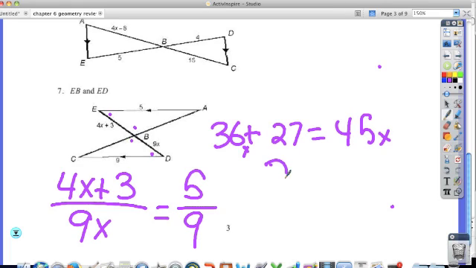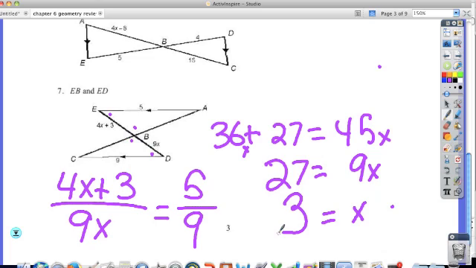So 27 equals 9x. Subtract 36x from both sides. 9x. X equals 3.